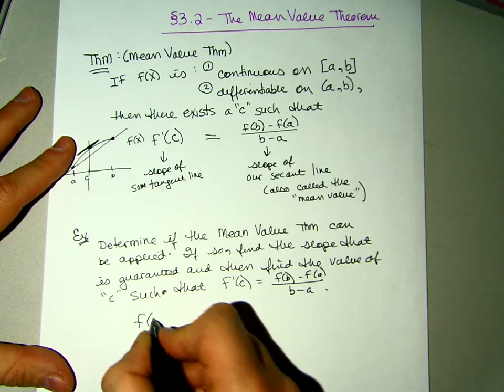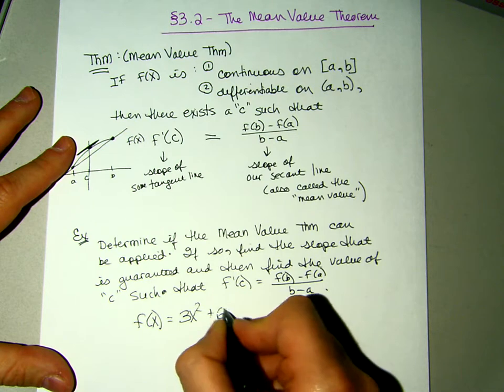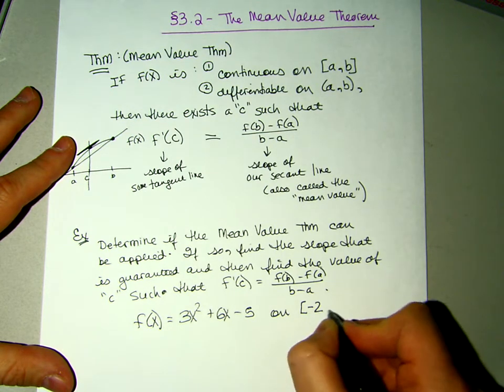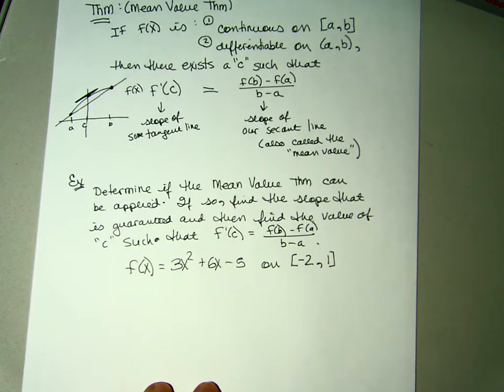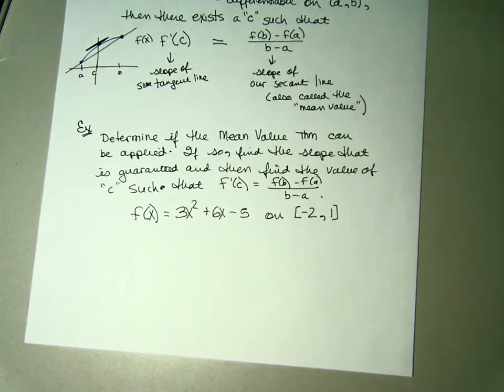We are going to apply our mean value theorem to the function f of x equals 3x squared plus 6x minus 5, and we're going to do this on the closed interval from -2 to 1. Don't do anything yet. Just copy down the plot.